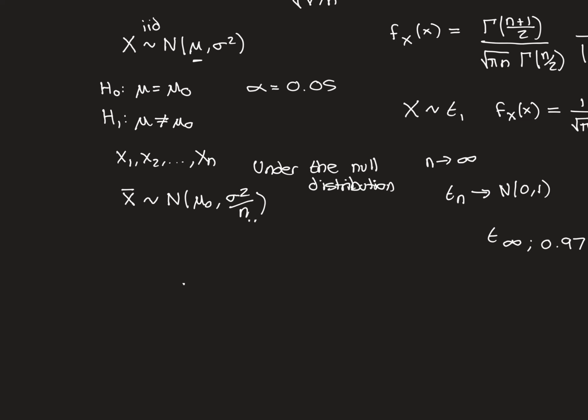That's the sampling distribution if the null hypothesis were true. So now what we'll actually do is carry out the experiment. We'll get a sample, little x1, little x2, all the way up to little xn.